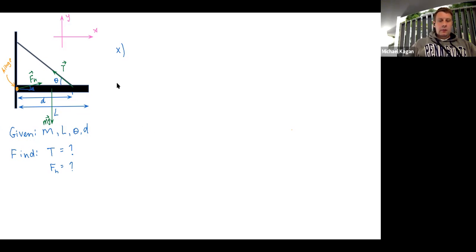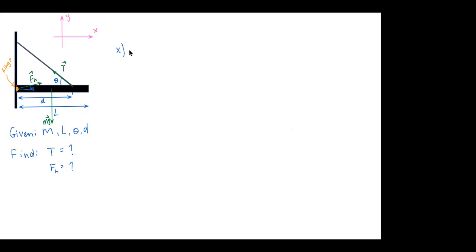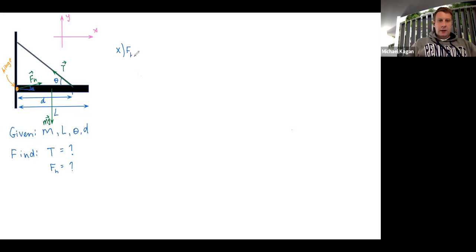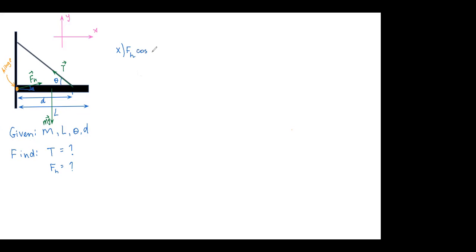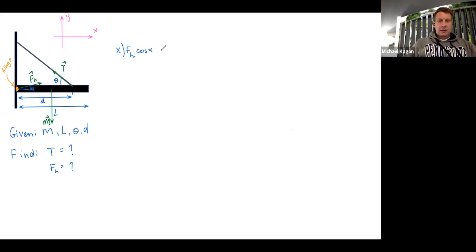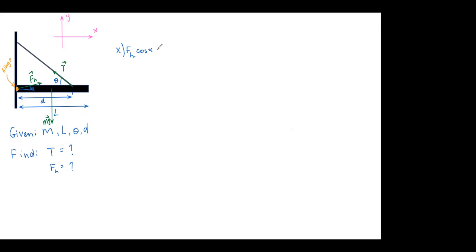So what should I write for the x-axis? Can somebody spell it out? FH cosine alpha, and T cosine theta.